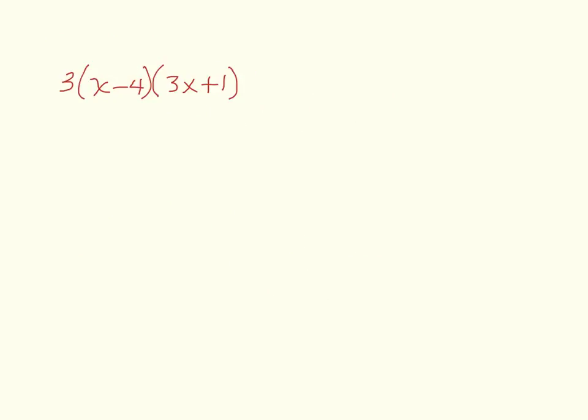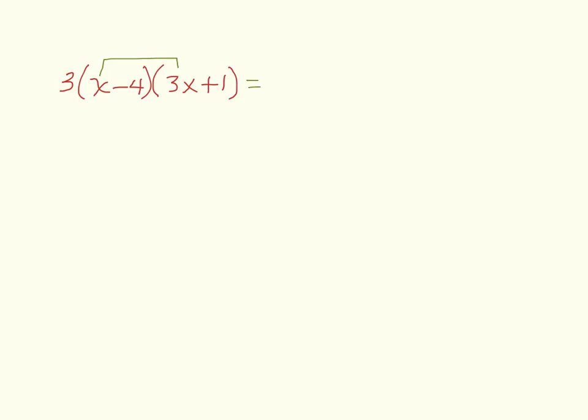Now here we've got two binomials and an extra factor here. So honestly, you could multiply the 3 times x minus 4 first and then FOIL those two remaining binomials, or you can FOIL these binomials as they appear here first, and then whatever we get, multiply that times 3.